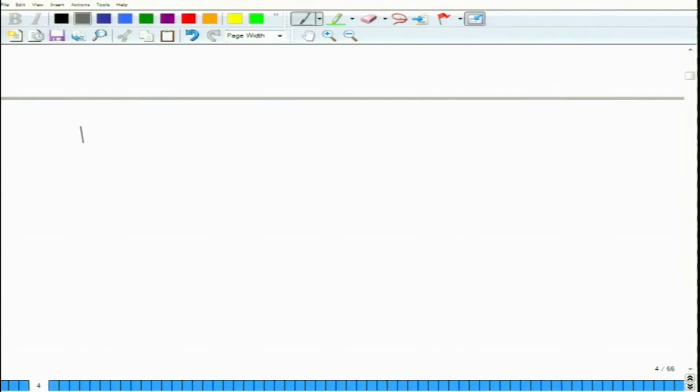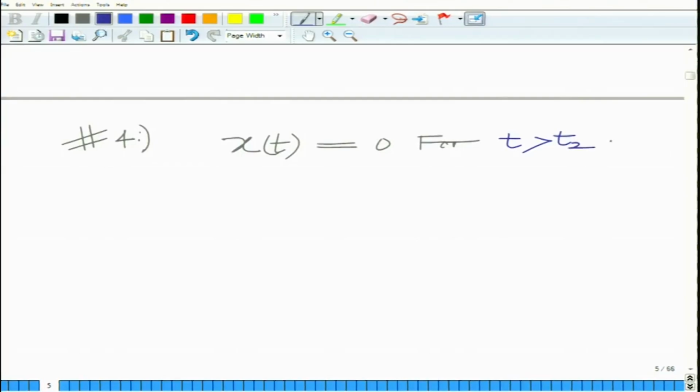Now, let us look at what about a left handed signal. For a left handed signal, everything becomes the opposite of what we said so far for a right handed signal. So, x of t equals 0 for t greater than t2, where t2 cannot be minus infinity.